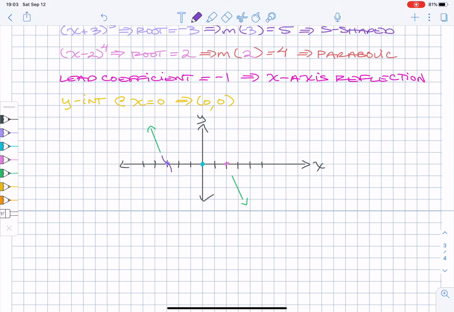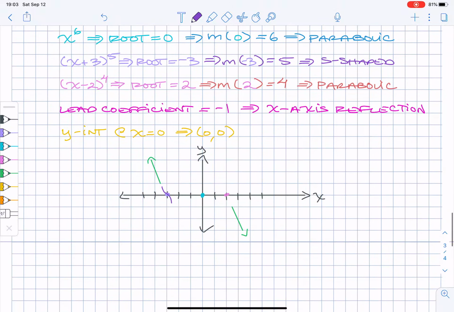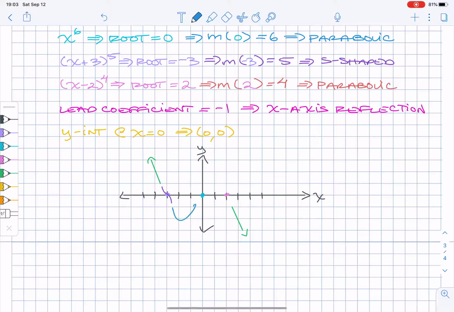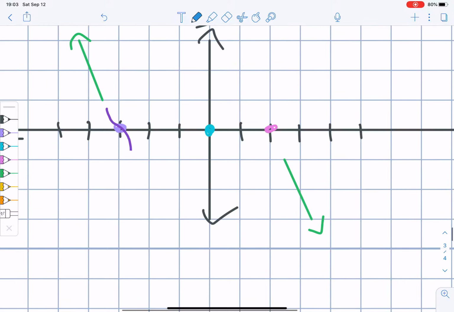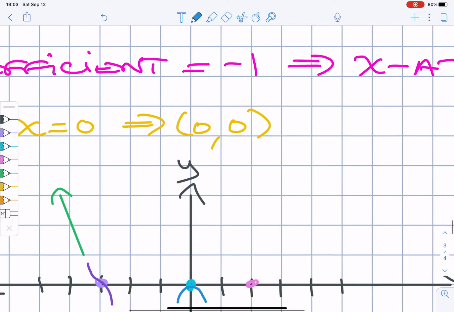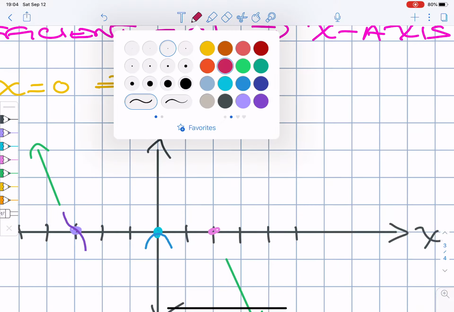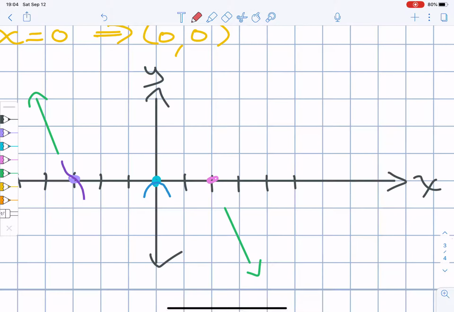Now let's look at the root at 0, which is parabolic, right? But I know I'm going to be coming from beneath, so the parabola is going to be upside down. It's going to look something like so, a little parabola near this root. And then the last root at 2 is also parabolic, so it's going to also look something like so.